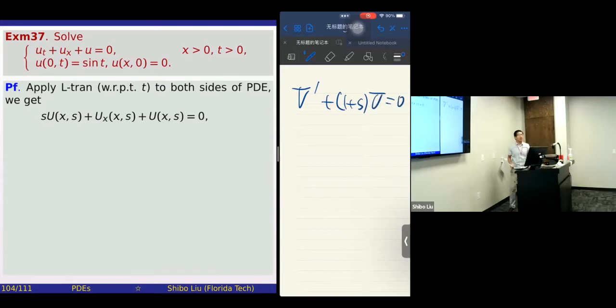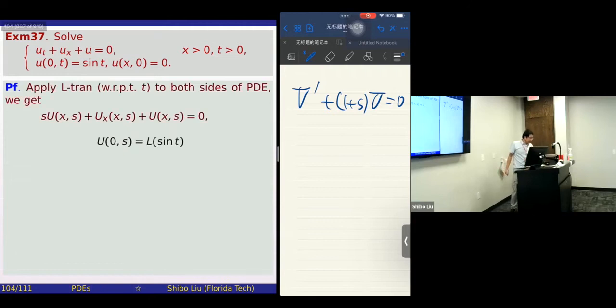You consider U as a function of x. Of course U also depends on s, but you consider s as a parameter. So this equation is simply U prime plus (1 plus s) U equal to 0. So this is an ODE.